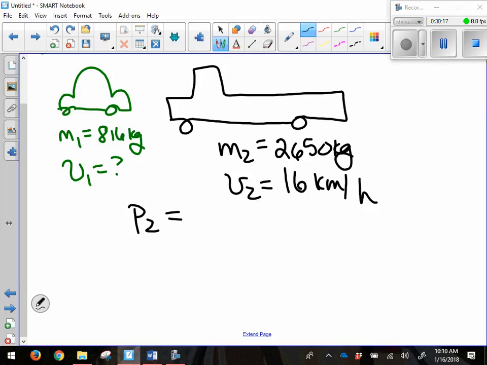So I'm just going to leave this in kilometers per hour because I want to compare my final answer to what the Cadillac's doing anyway. Okay? So the momentum of my Cadillac P2 is going to be equal to m2v2. Those are all magnitudes because I've only got motion in one direction.